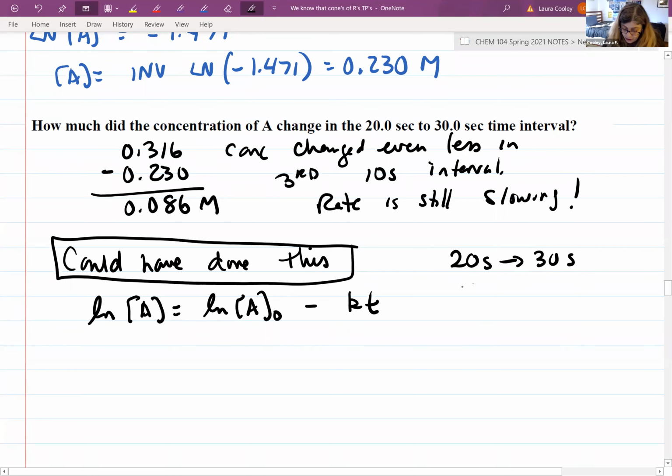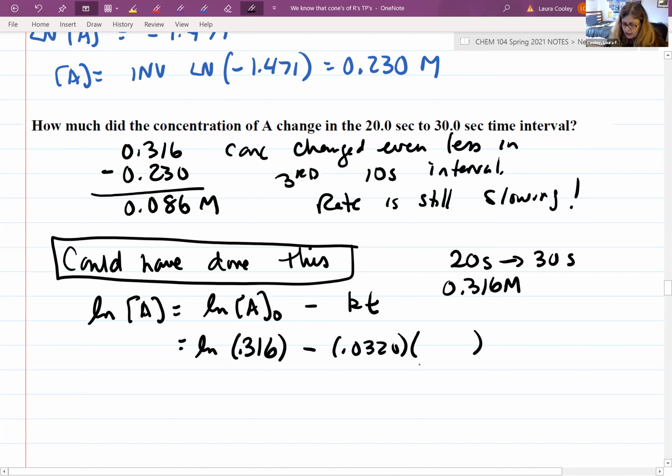At 20 seconds, we started with 0.316 molar. So what I could have done was used that as my initial, 0.316. And then this would be 0.0320.